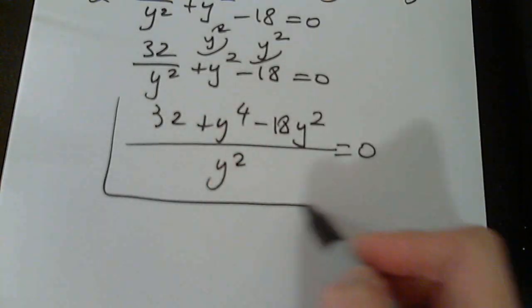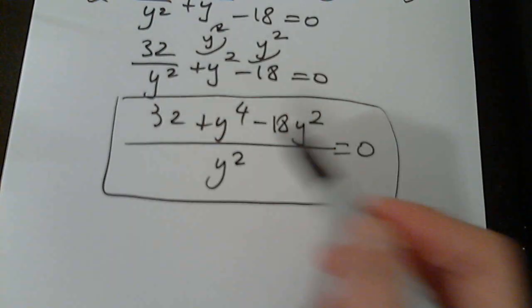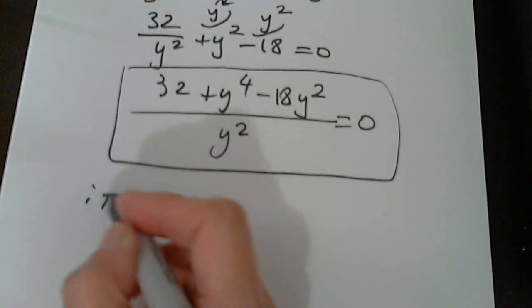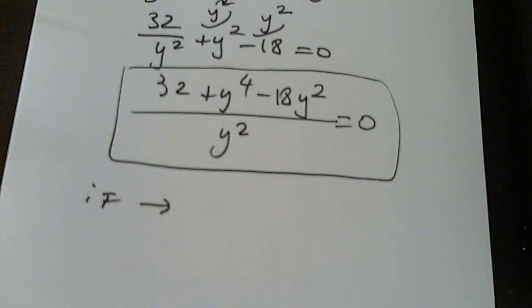What did we say? In which situation is a fraction 0? A fraction is 0 only if... that would be a tragedy. When the denominator is 0, it's called a tragedy, because it's undefined.